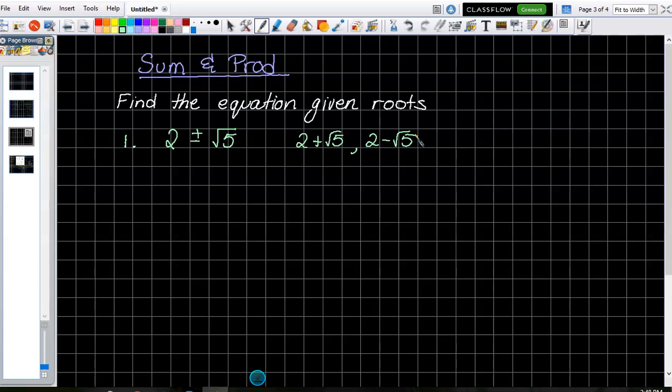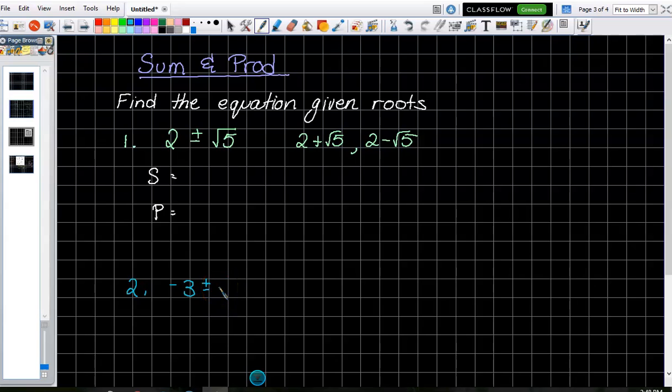I want to find the equation, so you're going to work out the sum, state the product, and then tell me what the equation is. I'm just writing some down. I'll do it for those who are maybe going, she's going too fast.